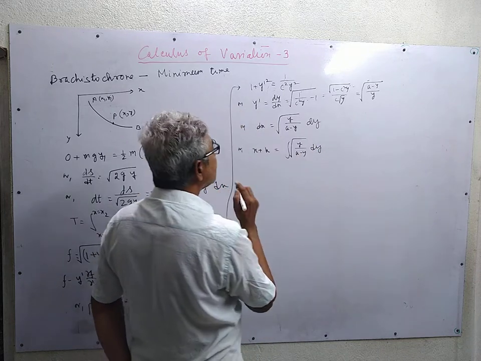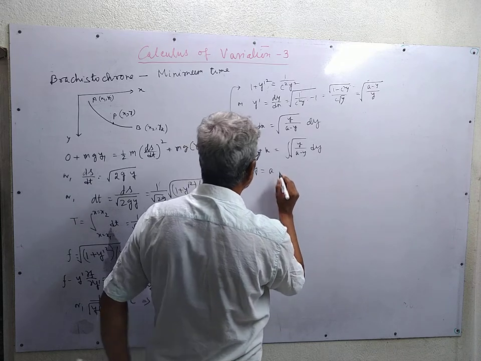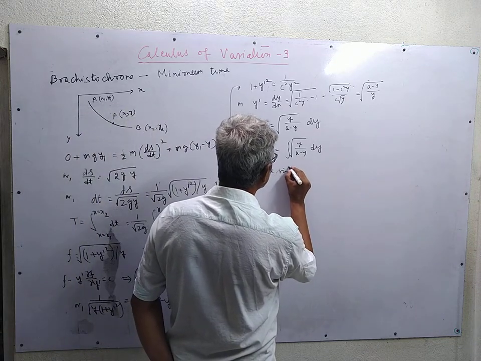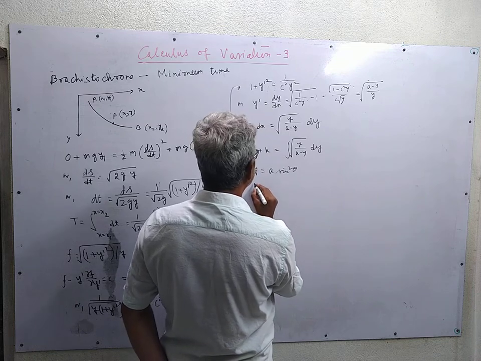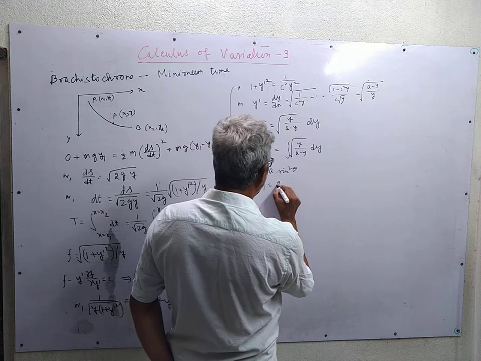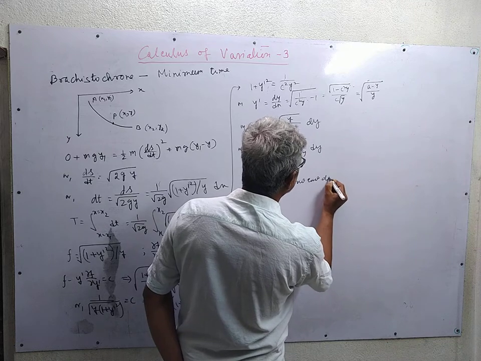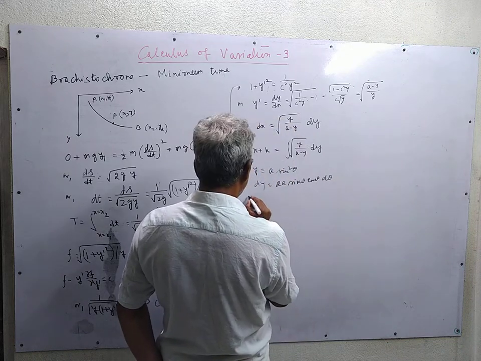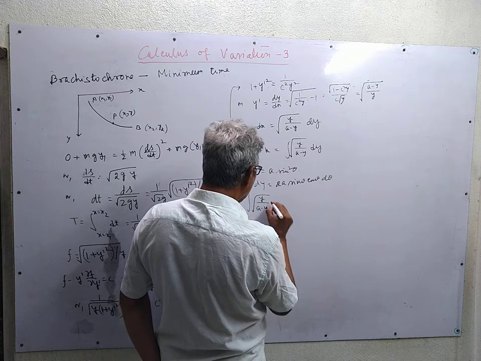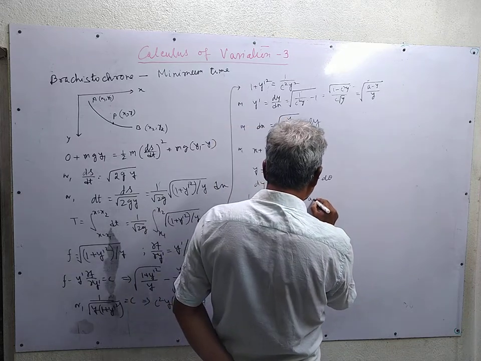Now for this calculation of integration, we put y is equal to a sine square theta, so that dy is equal to twice a sine theta cos theta d theta, and the quantity becomes integration, for y it is a sine square theta.